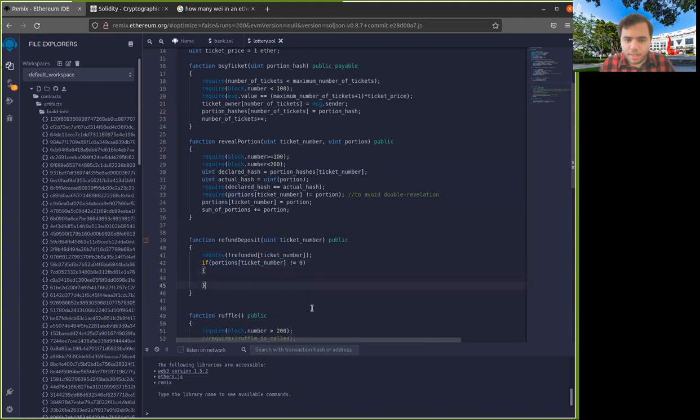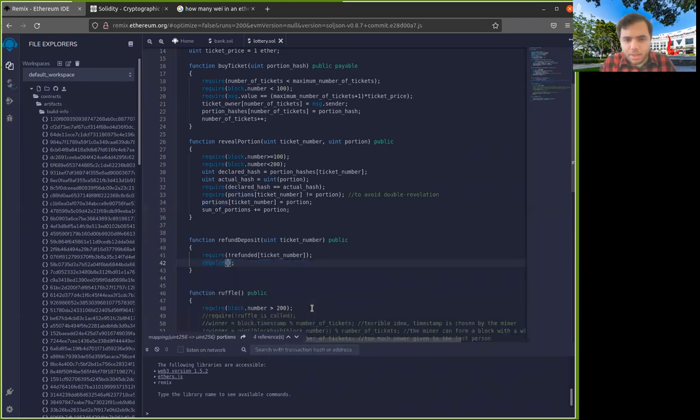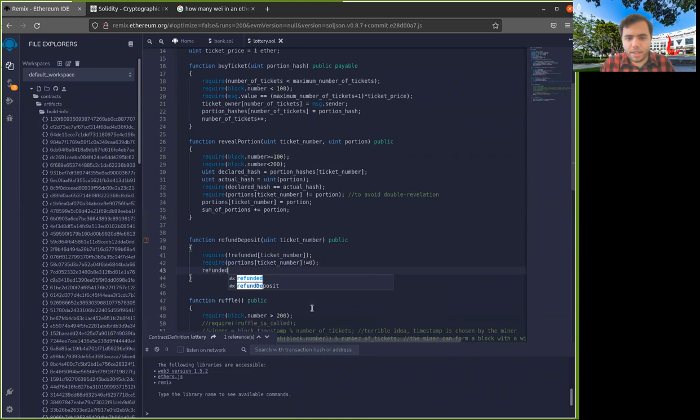Let's also write the other check as a require. I also require that I know the portion for this ticket number, because if I don't, that means that reveal portion was not successful. And if both of these things pass, I set refunded for this ticket number to be true.